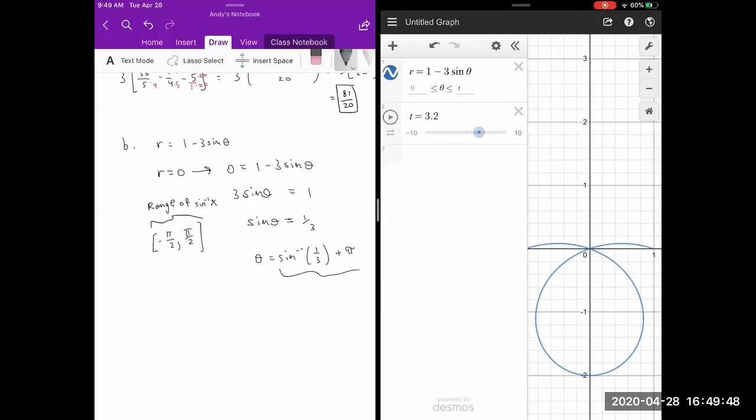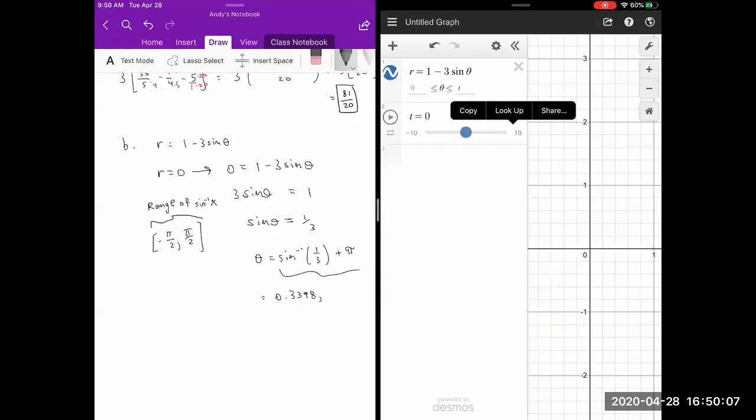I got 0.3398. And then if you add pi to that, hang on. Something's not sounding right.